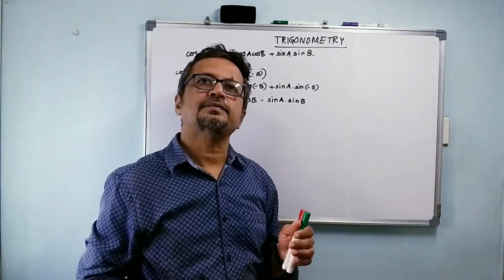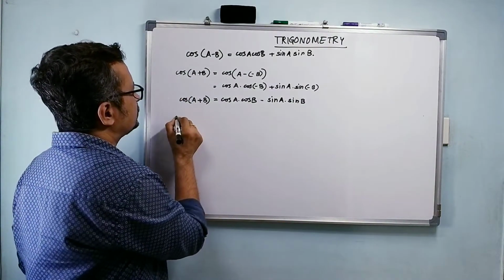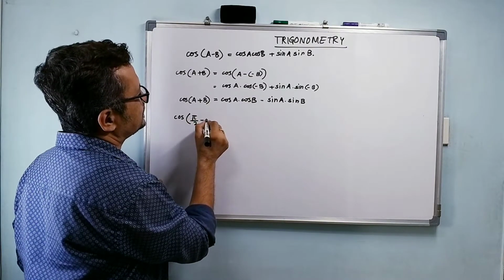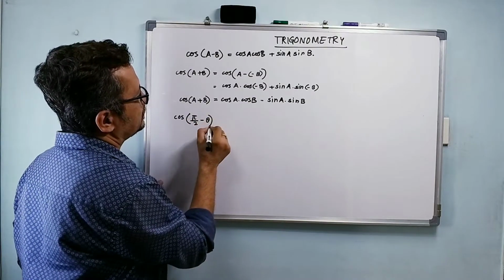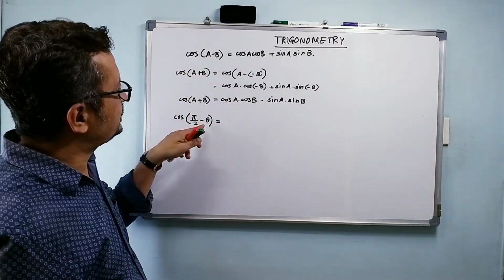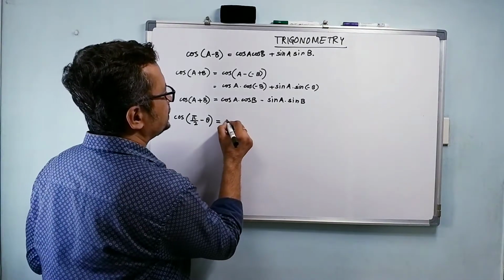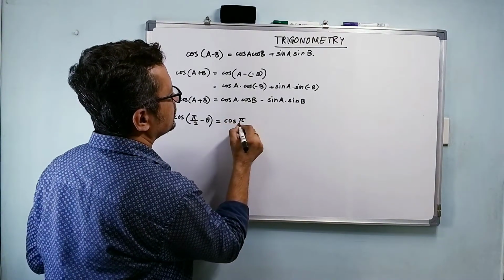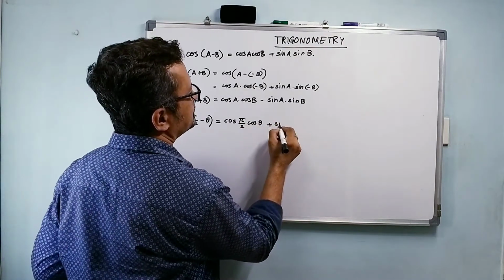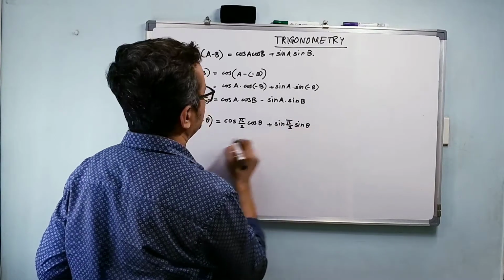Now let us have some special formulae. For example, cos of pi by 2 minus theta. That means my a is equal to pi by 2 and b is equal to theta. So how am I going to write it? It is cos pi by 2 cos theta plus sin pi by 2 sin theta.